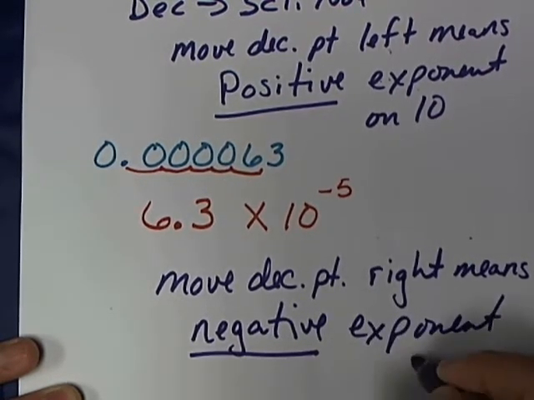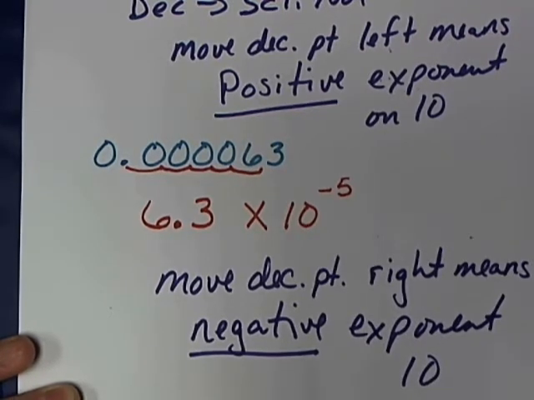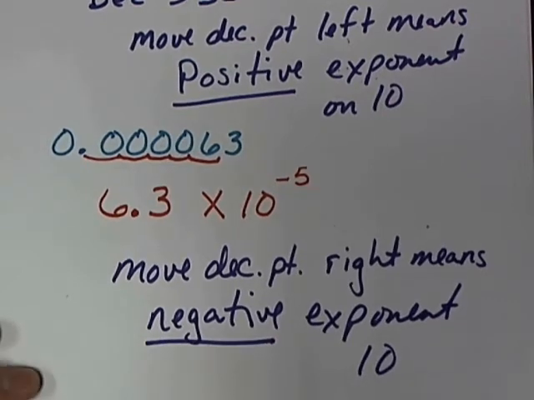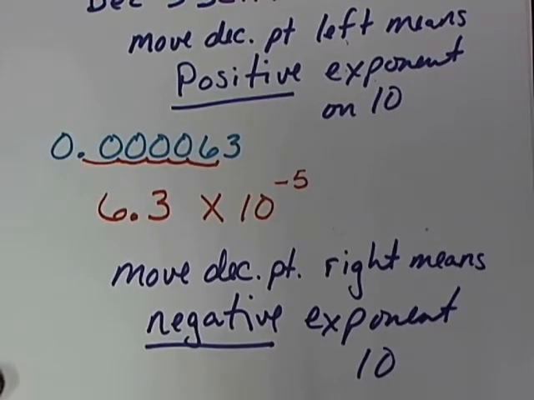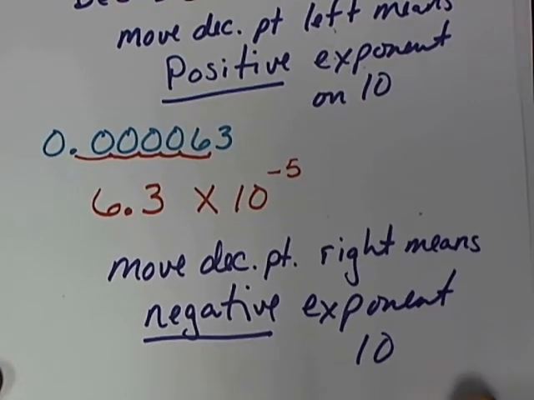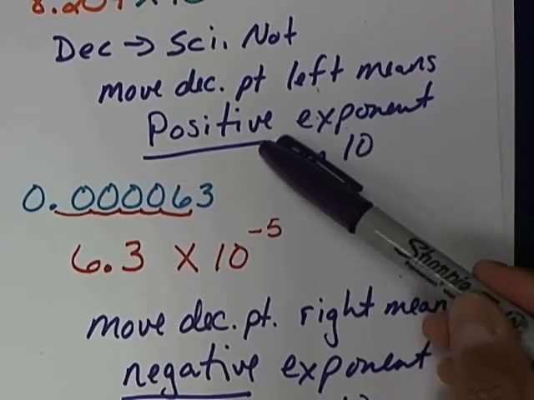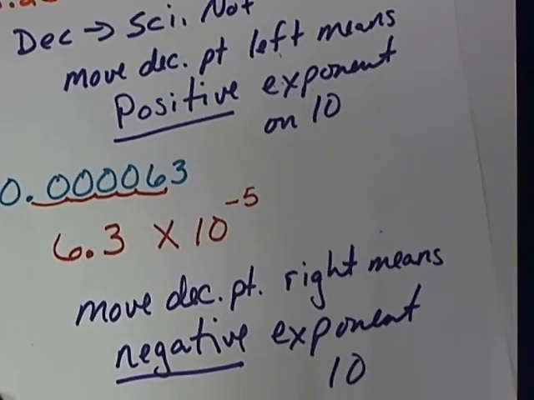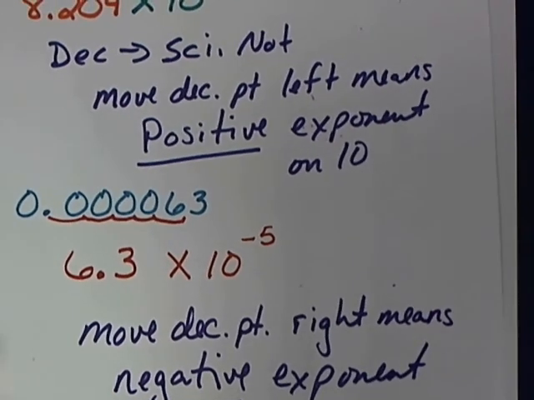And remember, the exponent is only on the number 10. All right. So to convert from decimal to scientific notation, if you move your decimal point to the left, you have a positive exponent. If you move your decimal point to the right, it means you have a negative exponent. And once again, it's reverse if you're going in reverse.